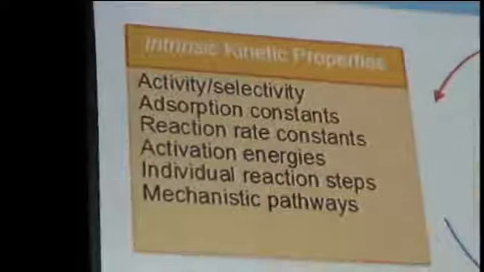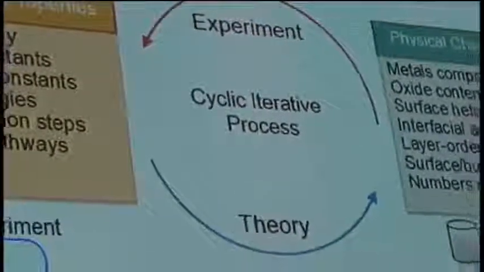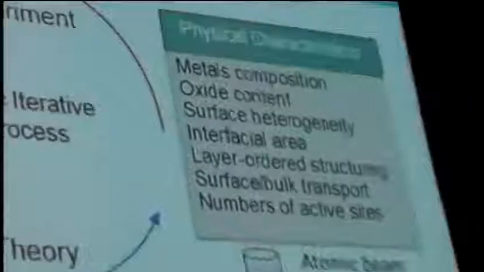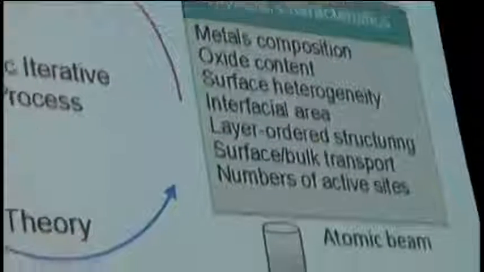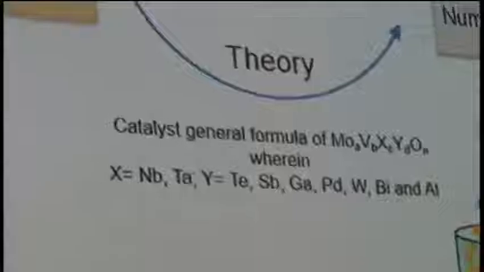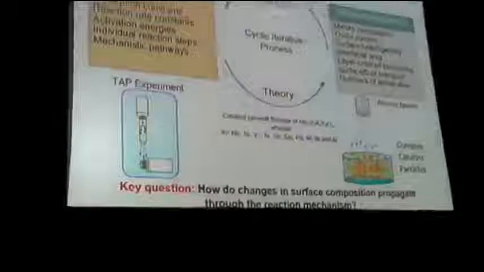So how do we implement this in our advanced manufacturing? We're envisioning, again, a cyclic iterative process combining experiment with theory. And with the intrinsic kinetic properties, we will be able to gather the critical information of activity, selectivity, adsorption constants, rate constants, and really understand individual discrete reaction steps to elucidate mechanistic pathways.